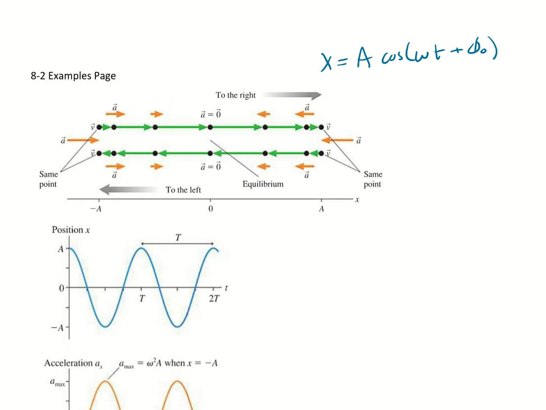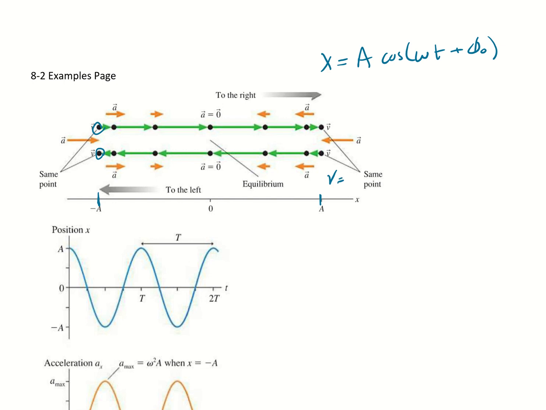If you look at that first diagram, I know it's pretty busy, but I would expect you, if needed, to be able to make a motion diagram of a block oscillating back and forth. When we're at either amplitude, the velocity should be at least momentarily zero.